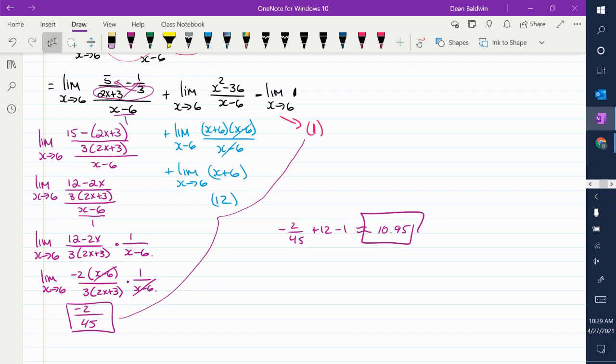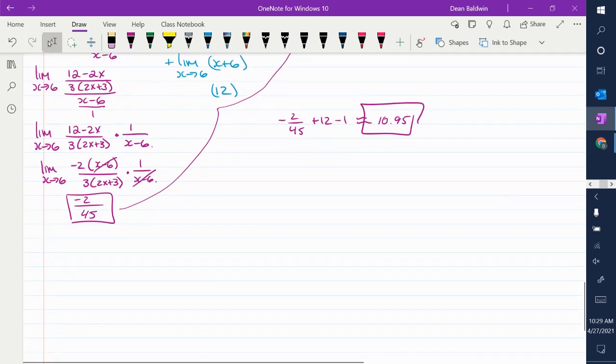All right, I'm just going to give you one more to do here, and then I'll post the answer, and then we'll move on to trig. So, what did I do with it? Oh, there it is. Here's the one I want you to do.